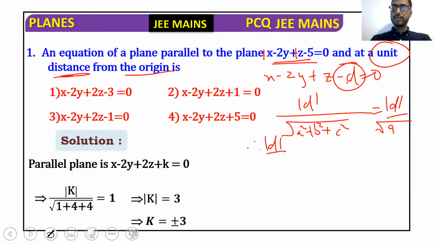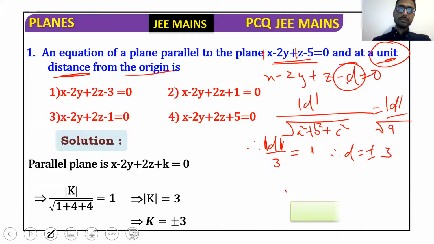Therefore I can say mod of d by 3 is equal to unit distance, so distance is given as 1. Therefore d is equal to how much? 3. But remember that there is mod sign, so when you are removing mod sign, it will be plus or minus 3.